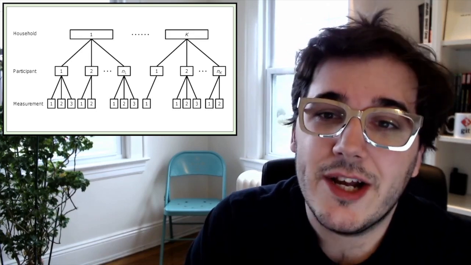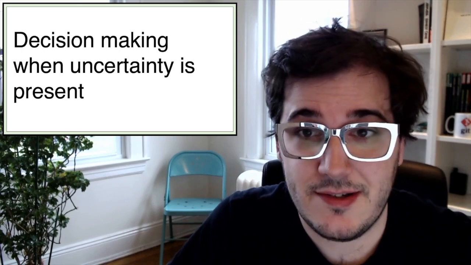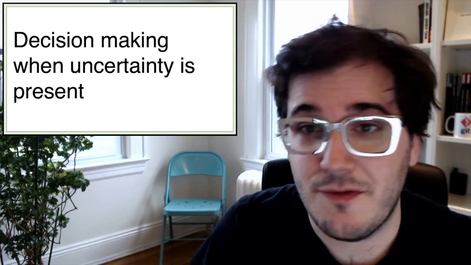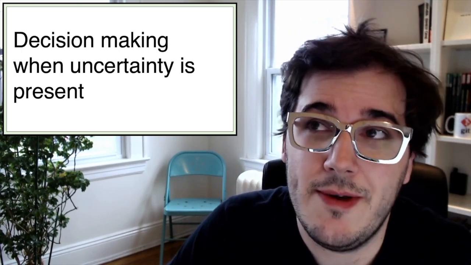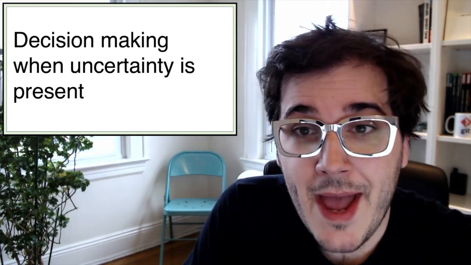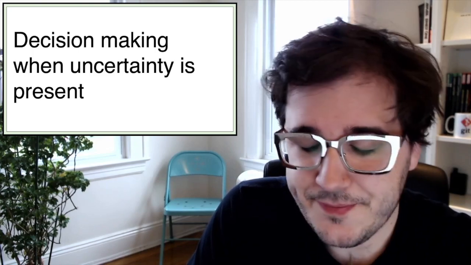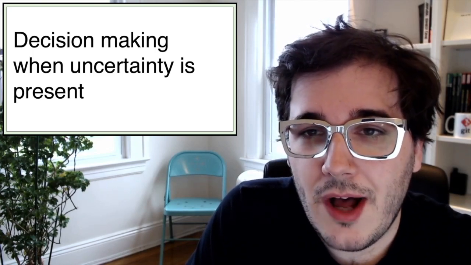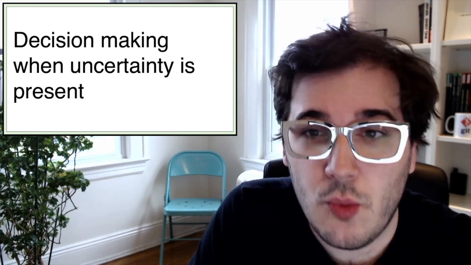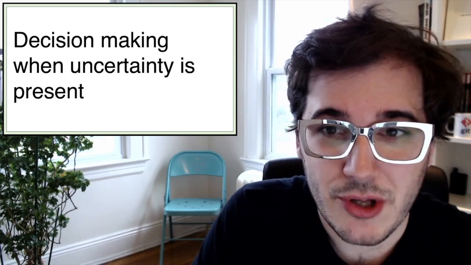Statistics are really great when you need to make decisions when there's uncertainty present, when there's variability or variance present. What do I mean by that? If you wanted to know which gender is taller, men or women? Well, you can't go and measure every man and woman because there are 7 billion people in the world.